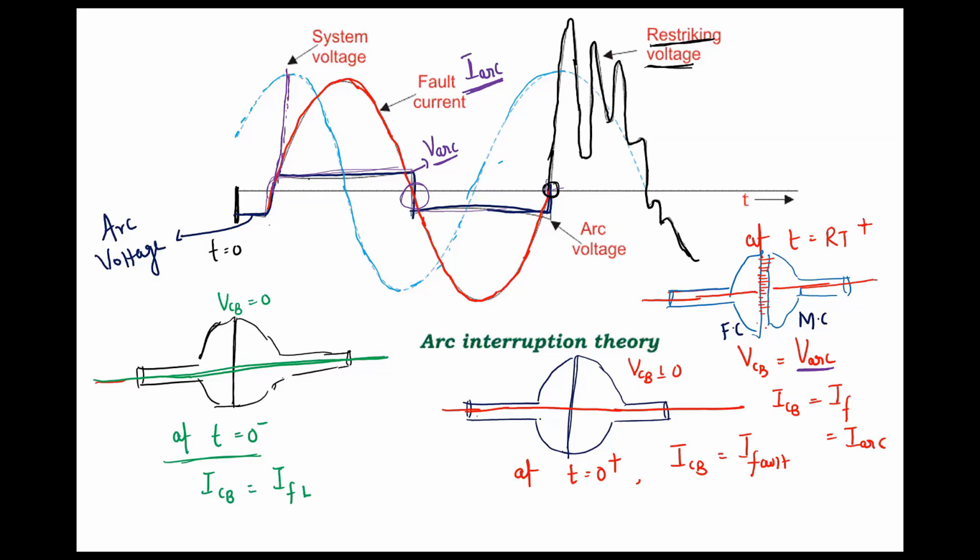So this arc voltage which is present across the circuit breaker poles, once this fault current becomes zero, it shoots up to a very high transient value. This voltage across the circuit breaker pole shoots up to a very high transient value called restriking voltage.